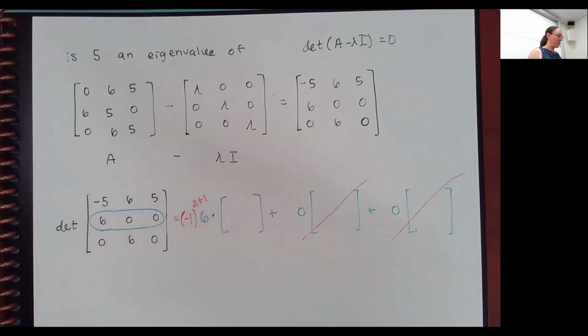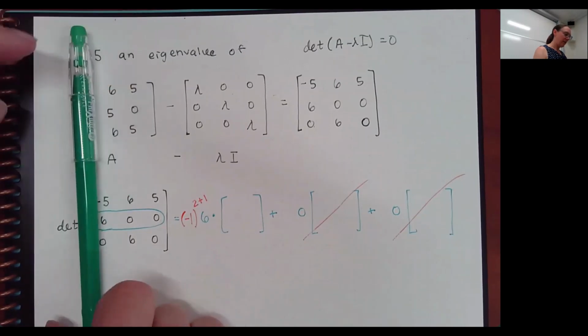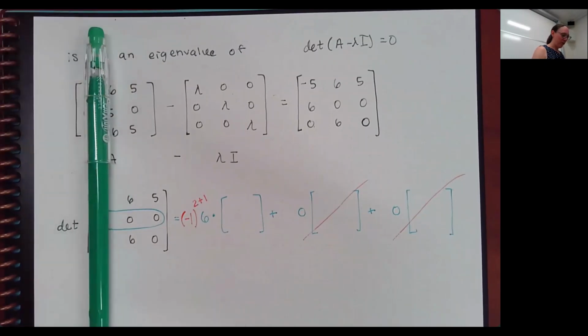And now I'm going to imagine that I'm blanking out in my matrix both the column that the 6 is in and the row that I was expanding across.